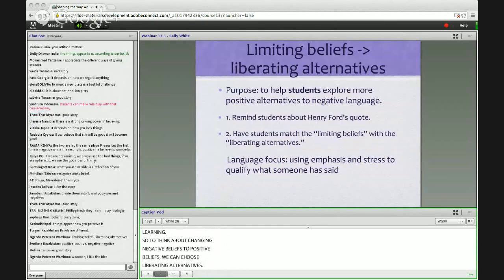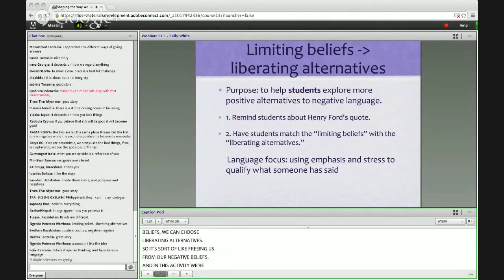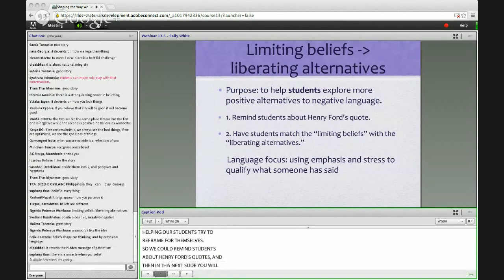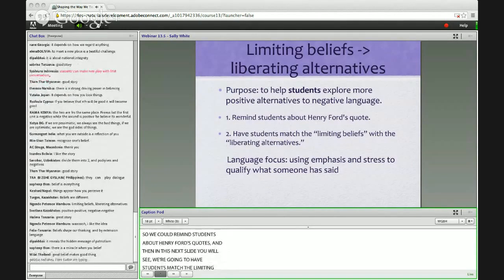And in this activity, we're helping our students try to reframe for themselves. So we could remind students about Henry Ford's quote. And then in this next slide, you'll see we're going to have students match the limiting belief with the liberating alternative. And a language focus here can be pronunciation related, so using emphasis and stress to qualify what someone has said.